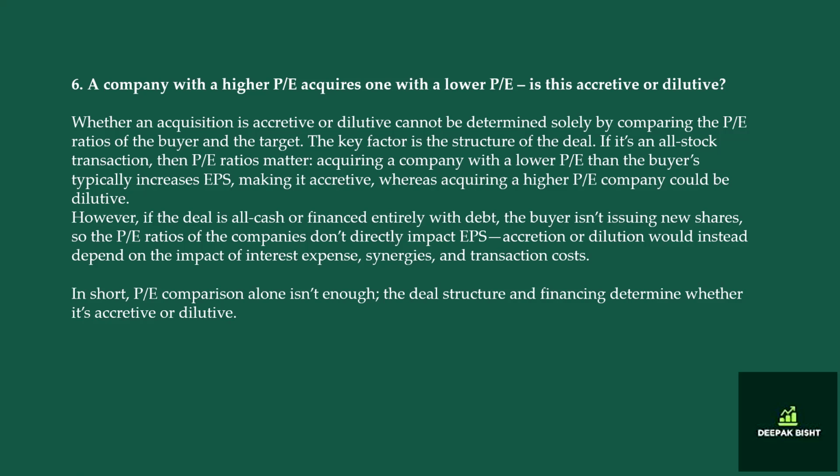One-time charges, such as restructuring costs, integration expenses, or amortization of intangibles, can temporarily reduce EPS. And if the buyer plans to buy back shares, that can offset dilution.